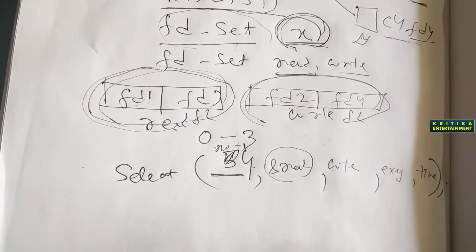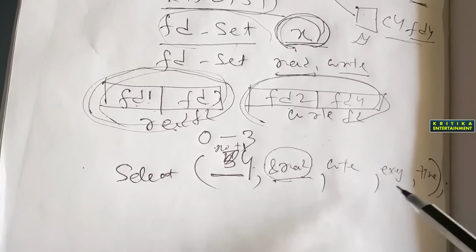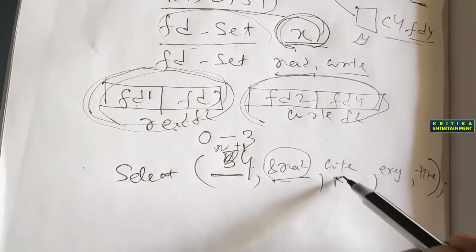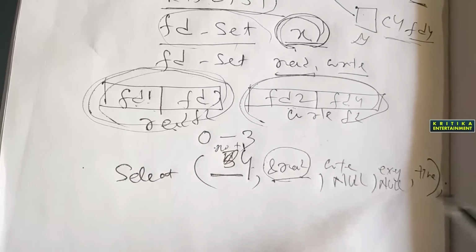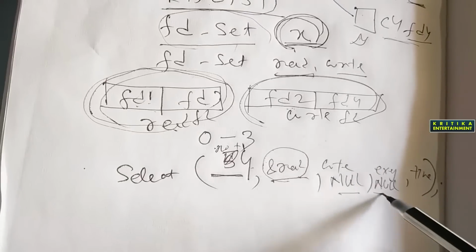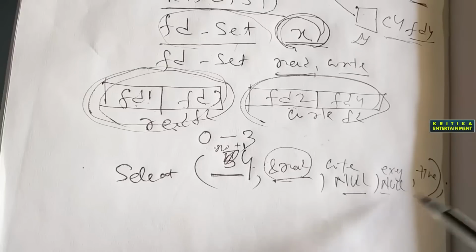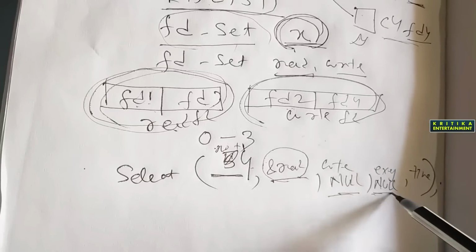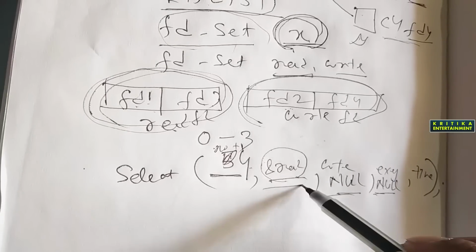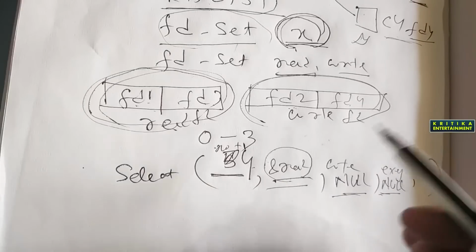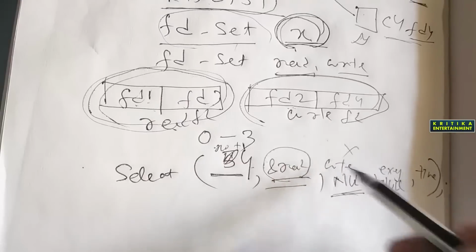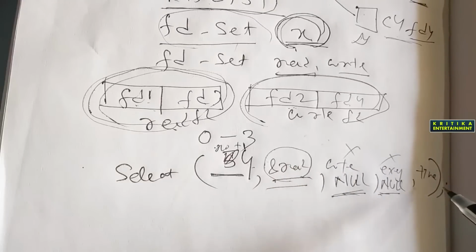So we pass the read FD, but generally we do not use the write FD and exception, so here we will pass NULL. We only use the read function to read data from the client side, and the server can send anytime, so it does not need the write FD.